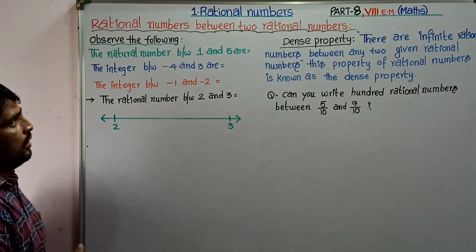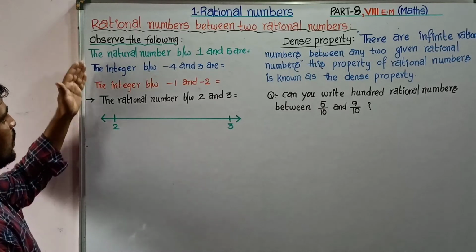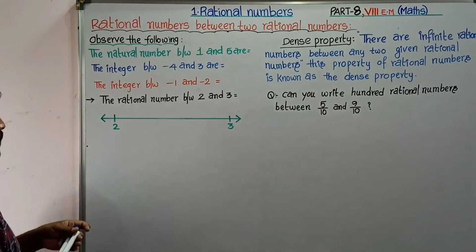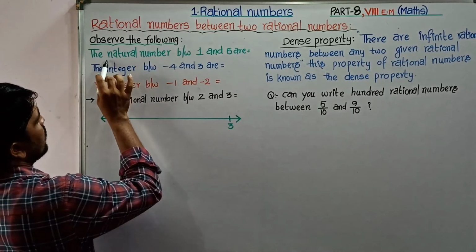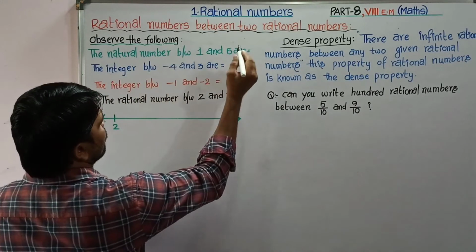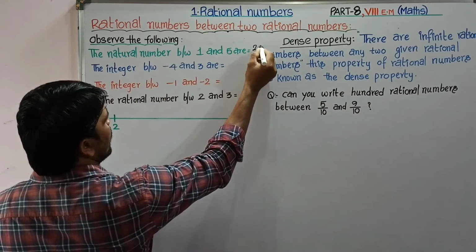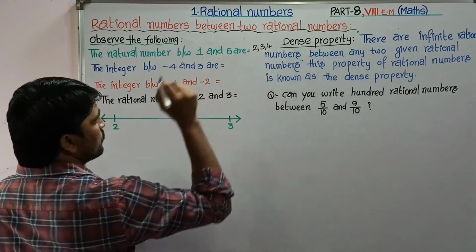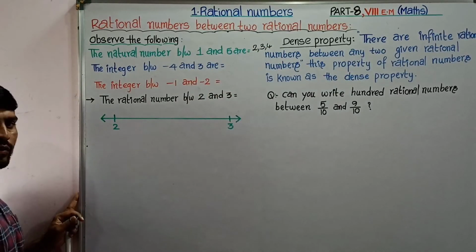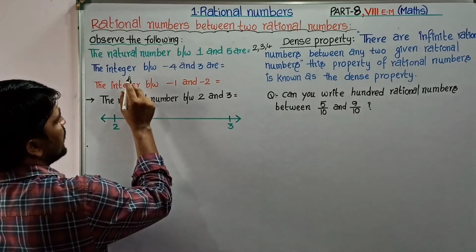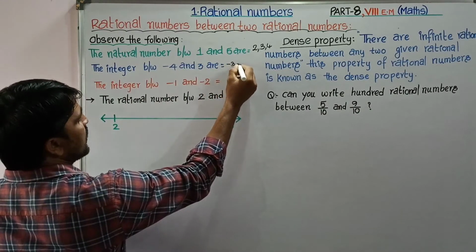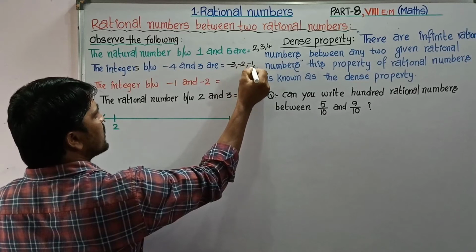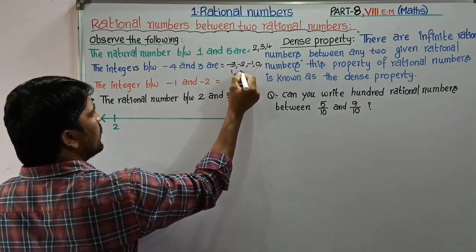Before that, let us observe the following statements. What are the natural numbers between 1 and 5? Between 1 and 5 we have 2, 3, 4, so 3 natural numbers. The integers between minus 4 and 3 are minus 3, minus 2, minus 1, 0, 1, 2.